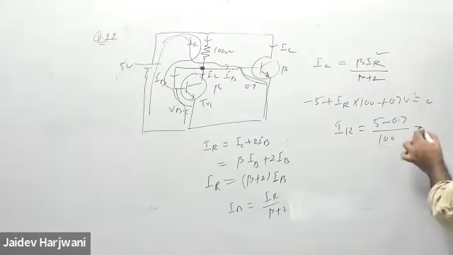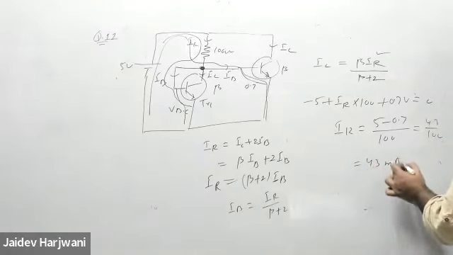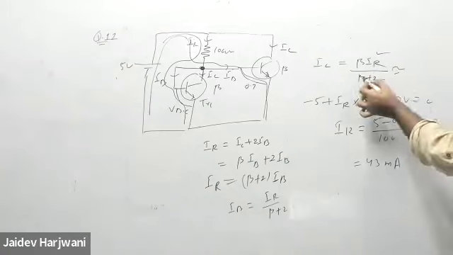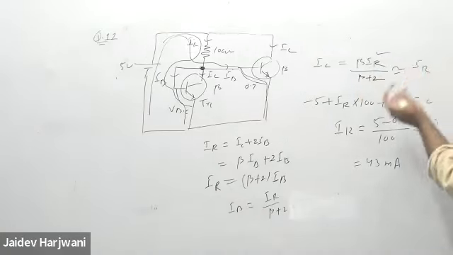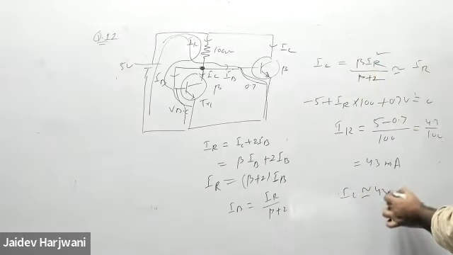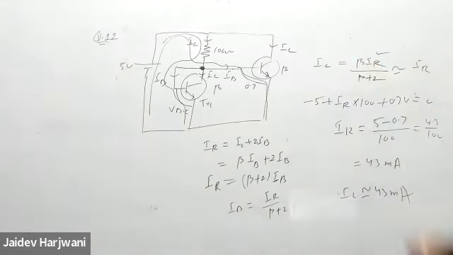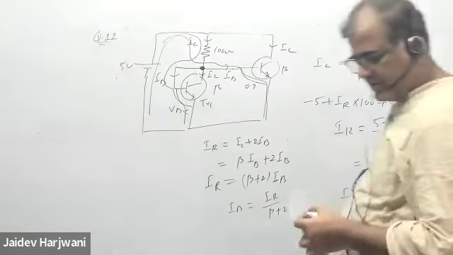This is 4.3 divided by 100, so this is 43 milliamps. And this is almost equal to IR. Or you can solve it, and your IC will be almost 43 milliamps. For an accurate answer, you can do it as 100 divided by 102 of that, which will give you the accurate answer.